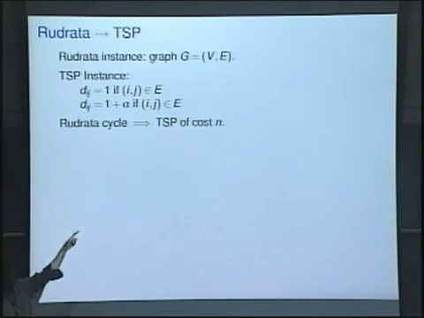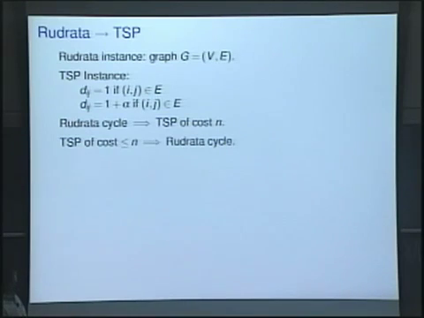So if you do find a tour of cost less than or equal to n, that means you've only used the edges in the original graph, and you visited everybody. So that means there's a Rudrata cycle. Either way, if there's a Rudrata cycle, there's a TSP tour of cost n. If there's a TSP tour of cost less than or equal to n, then there's a Rudrata cycle.